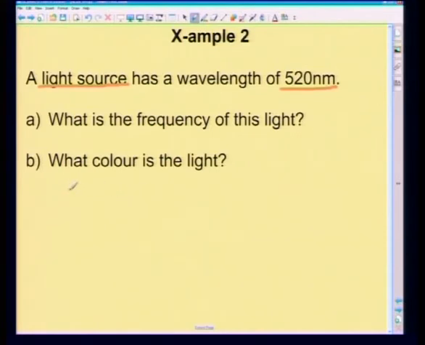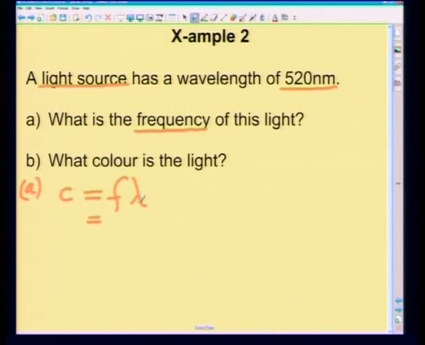Remember what it is? It is c equals f lambda. And again, let's substitute into it correctly. We are looking here for number a. We're looking for the frequency of this light.